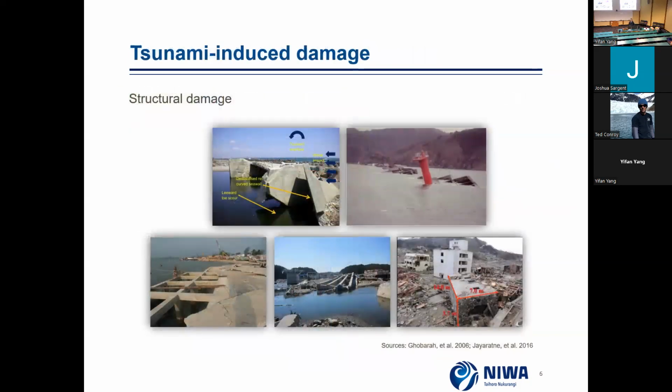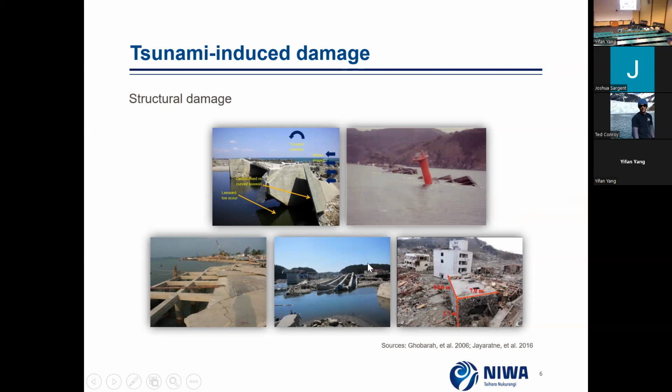So as I said, if a tsunami occurs, it can cause significant damage to coastal structures, like seawalls, breakwaters, wharves, bridges, and buildings. It can transport several tons of buildings to several kilometers away.